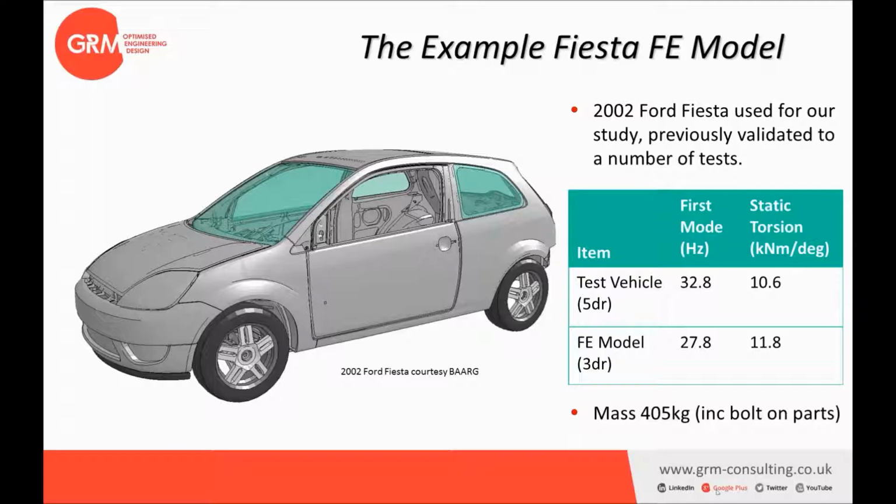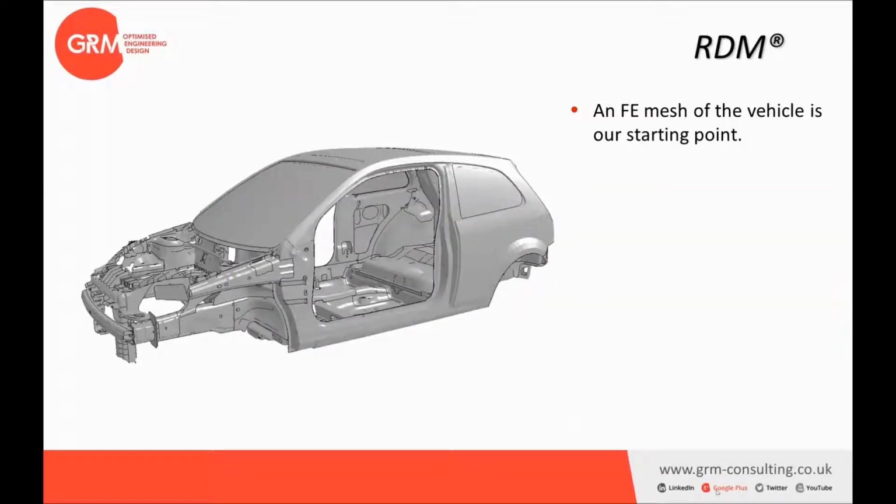So we tried to increase this first mode as high as possible, and also improve the torsional stiffness regarding the static torsion load case. This is our starting point. So this is the baseline, the body in white as we received it.